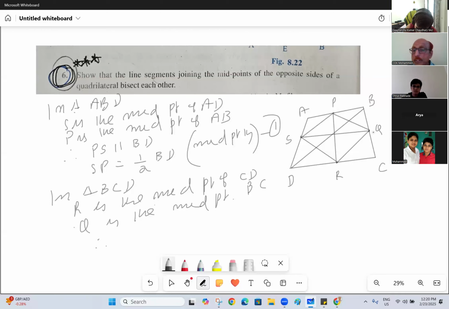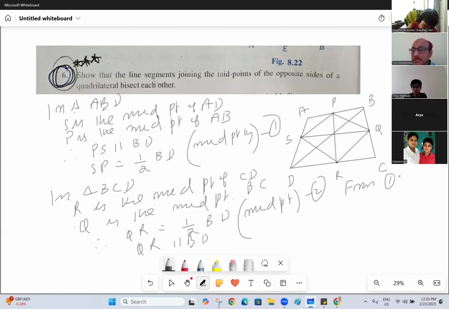Therefore, RQ is equal to half of DB and RQ is parallel to DB. Yeah, midpoint theorem 2. Now from 1 and 2, what do you get?